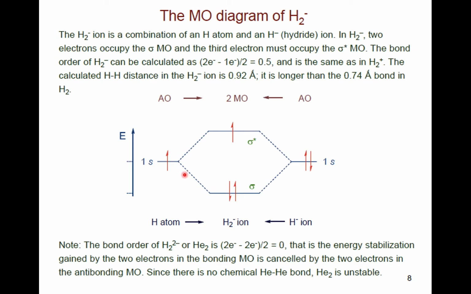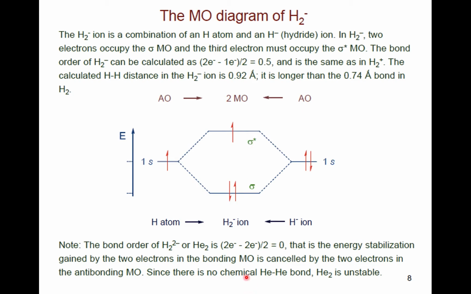It gets a little bit more interesting here when we add a third electron. So if we take H2 minus, that system has 2 protons and 3 electrons. So 2 electrons in the bottom orbital, 1 in the top orbital here. Now our bond order is 2 minus 1, which is 1 over 2.